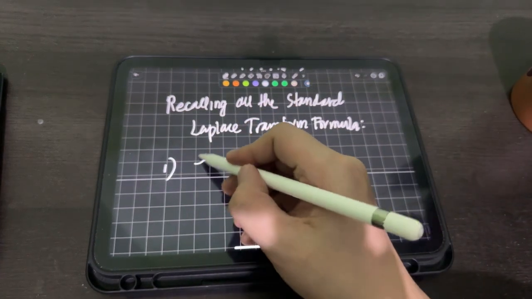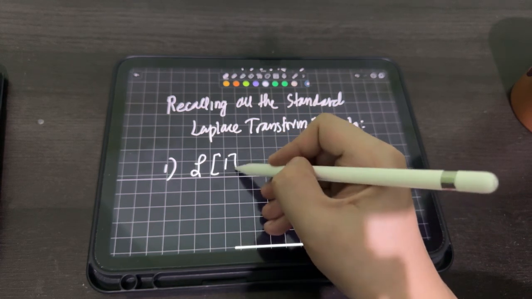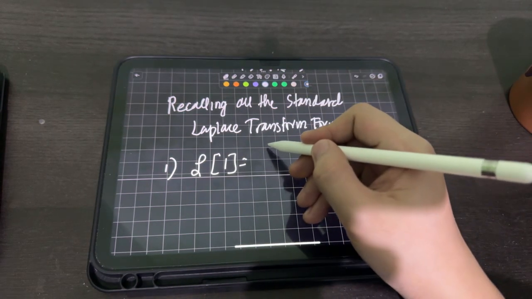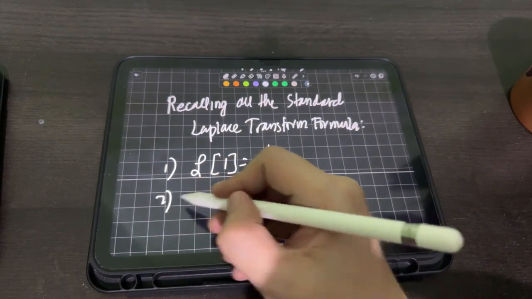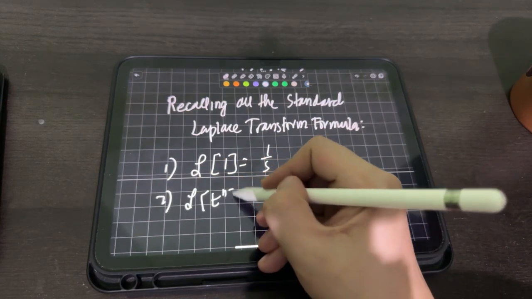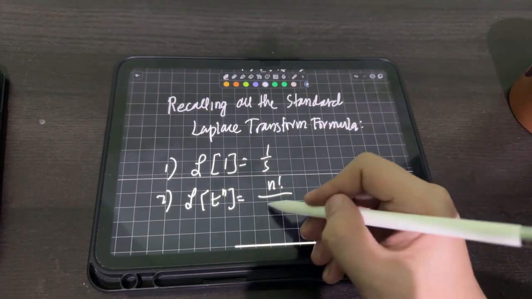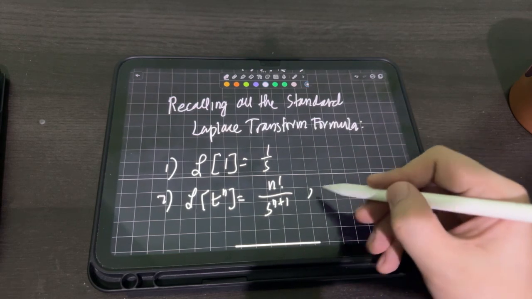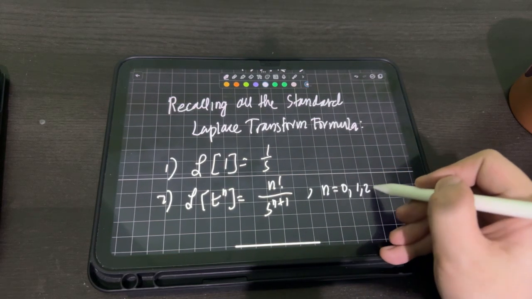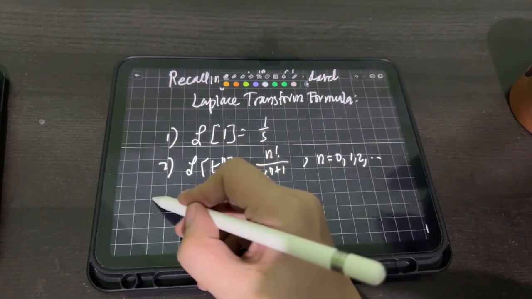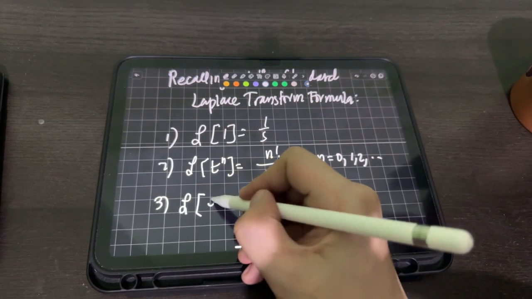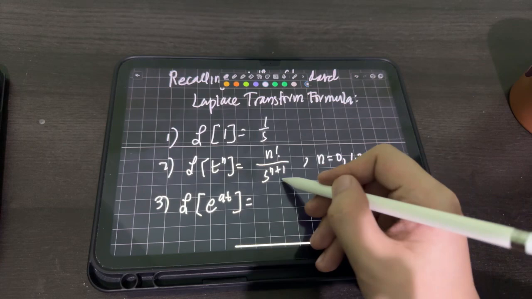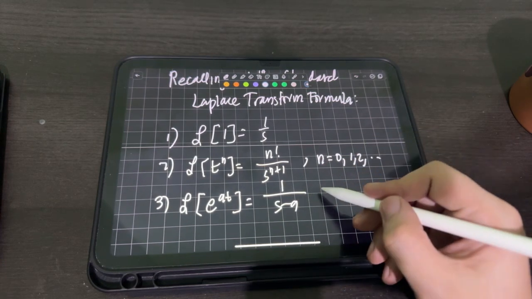The first one, Laplace transform of 1 is 1 over s. 2. Laplace transform of t to the n is n factorial over s raised to n plus 1, where n is 0, 1, 2, and so on, whole numbers. 3. Laplace transform of e to the at is 1 over s minus a. A is any constant.